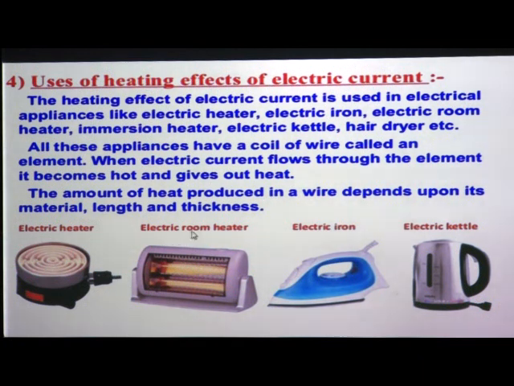These electric room heaters are used in a cold region to keep the room temperature normal, or you can say hot. Then an electric iron is shown here, and an electric kettle is there. These are some appliances which show the heating effect of electric current.